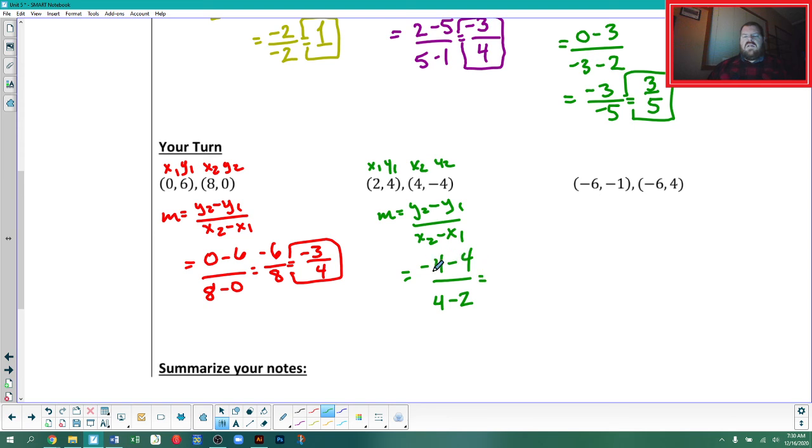Figure out what that is. That's going to be negative 4 minus 4 is negative 8. 4 minus 2 is 2. Negative 8 over positive 2 is going to be negative 4. You could say negative 4 over 1 if you wanted to, but negative 4 works as well.